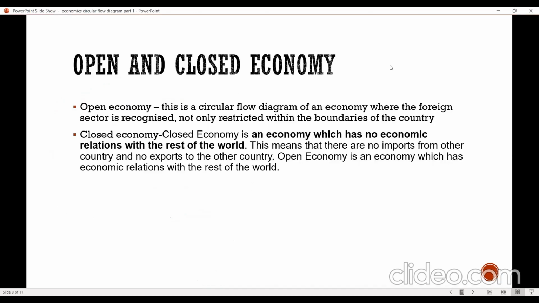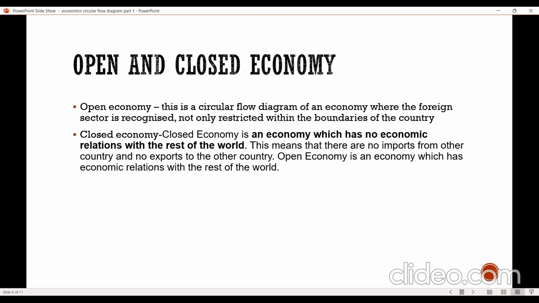An open and closed economy. I think I've already highlighted these at the beginning of our video while I was discussing the foreign sector as a participant in the economy. Now, what is an open economy? Like I said, an open economy is an economy where we are allowed to interact with the rest of the world. We are trading with other countries without any restriction.